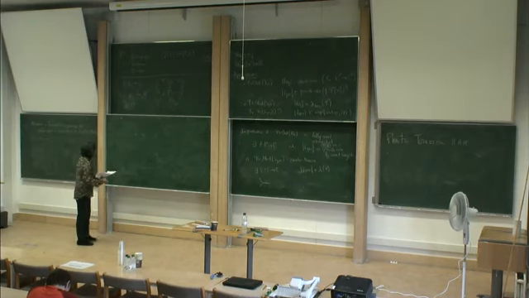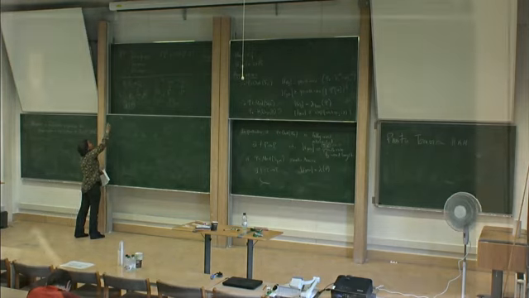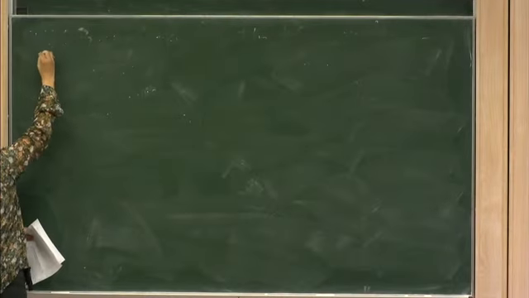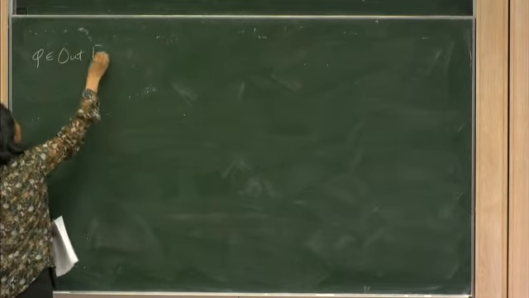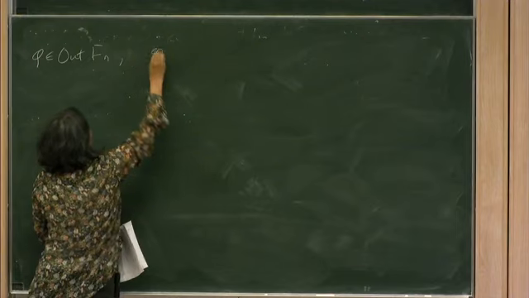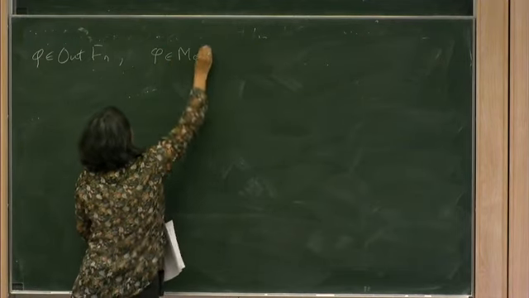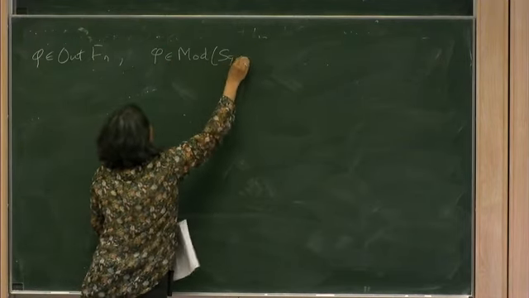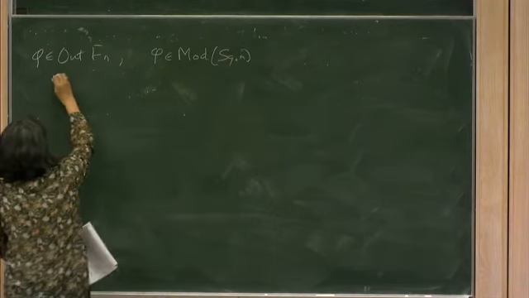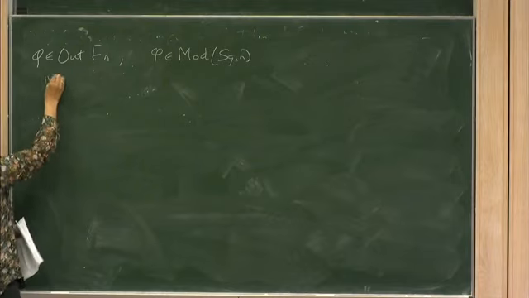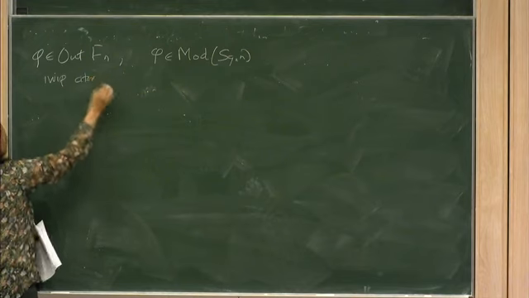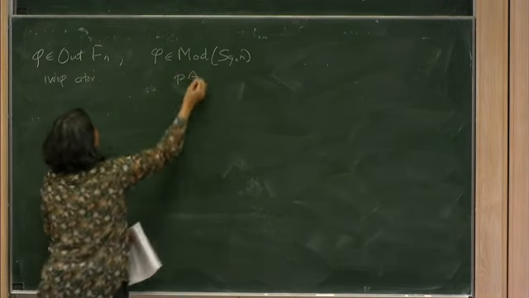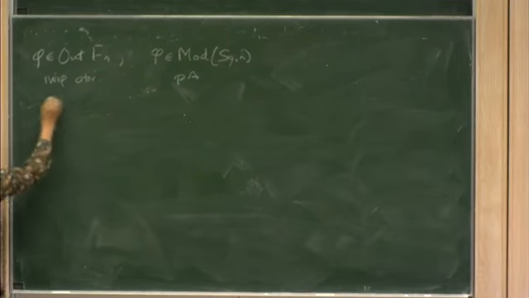So maybe I should mention where this is going. If you have an element of Out(F_n) or of the mapping class group that's pseudo-Anosov, let's say, so this is the fully irreducible atoroidal case, and this is the pseudo-Anosov case, then these come in natural families.